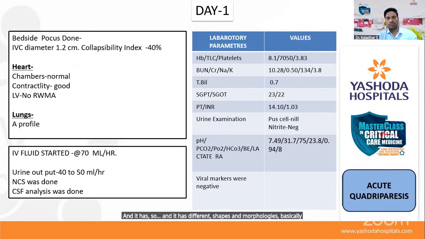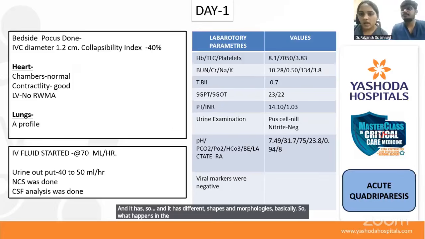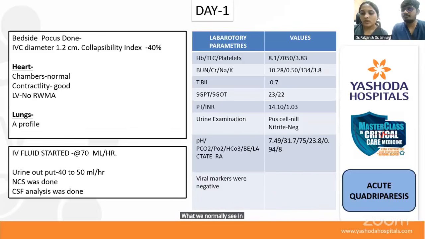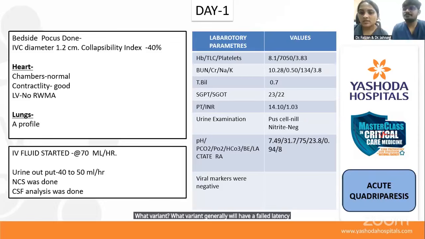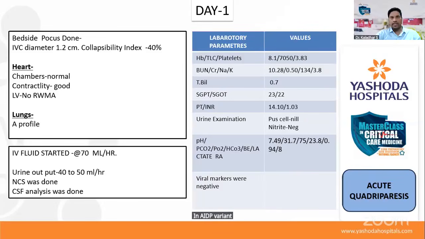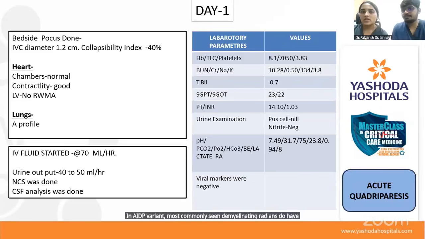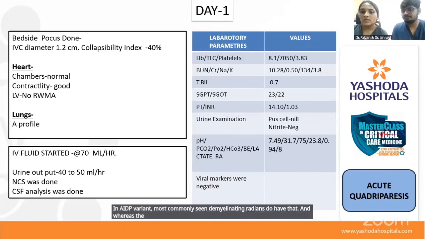Yes. So what happens in GBS is the F wave is reduced. What variant generally will have F wave latency? In AIDP variants. So demyelinating variants generally do have that. Whereas the H wave is the equivalent to the ankle jerk, sir.